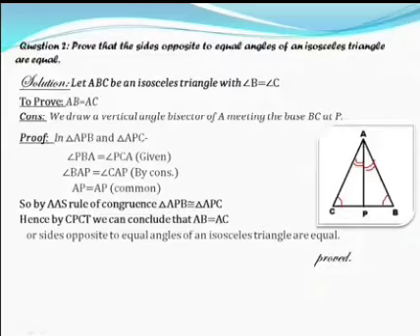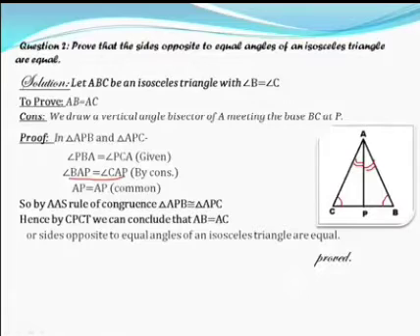For this, we will take the triangles APB and APC. So, in these two triangles, angle PBA is equal to angle PCA. This has been given to us. And by construction, we obtain that angle BAP is equal to angle CAP.